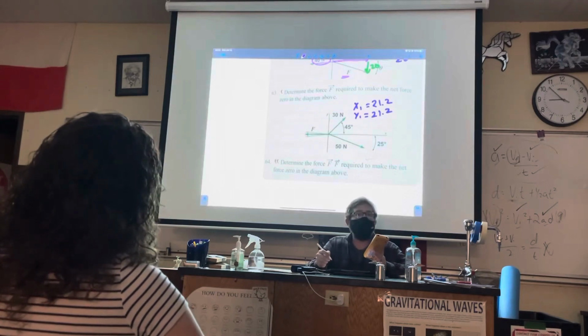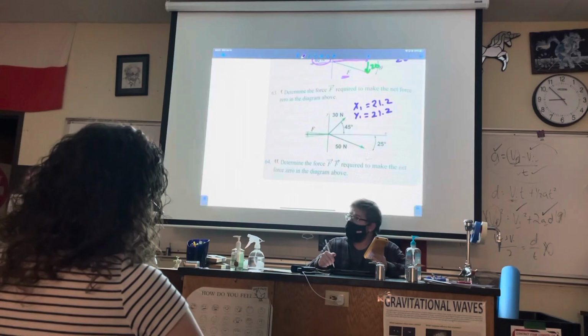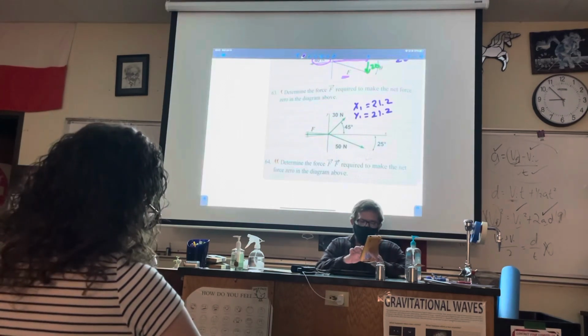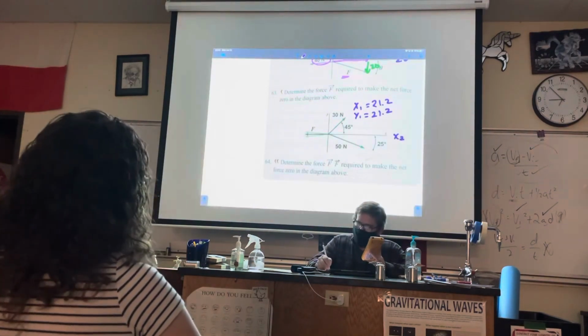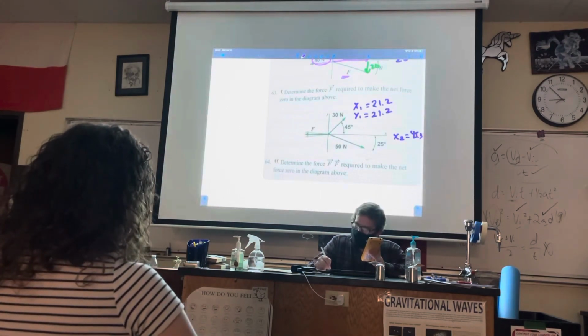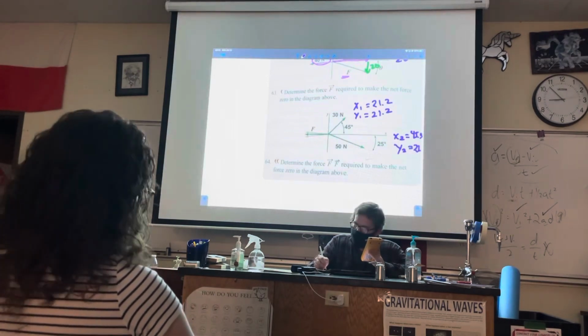And both of those are positive because they're up and to the right. And then we got to break the 50 into its components, right? So 50 cosine 25, 50 sine 25. So x2 is 45.3 and y2 is 21.1.